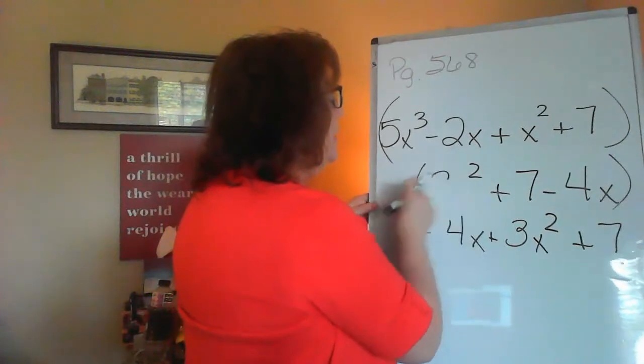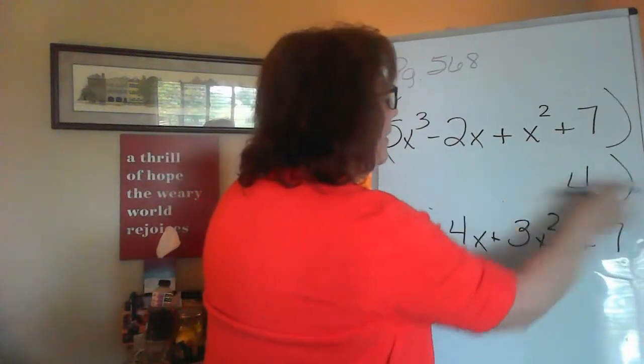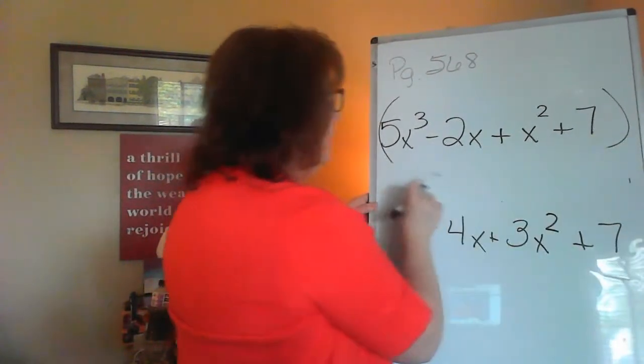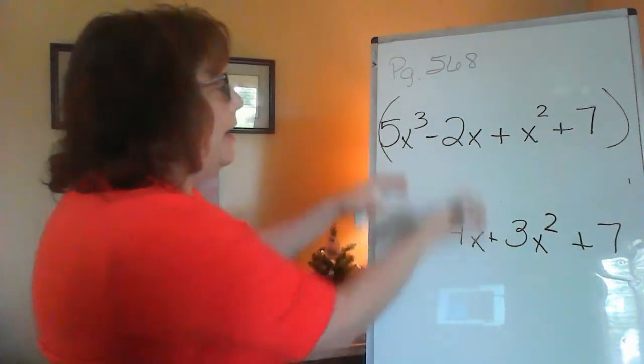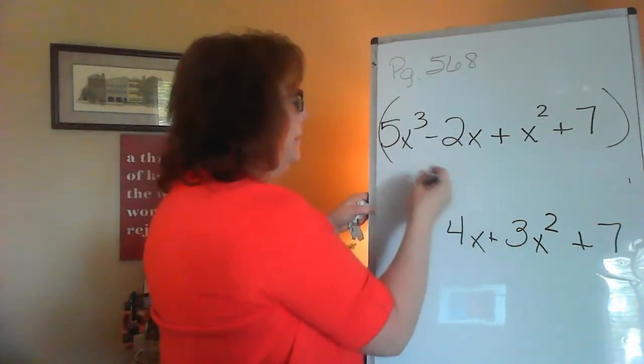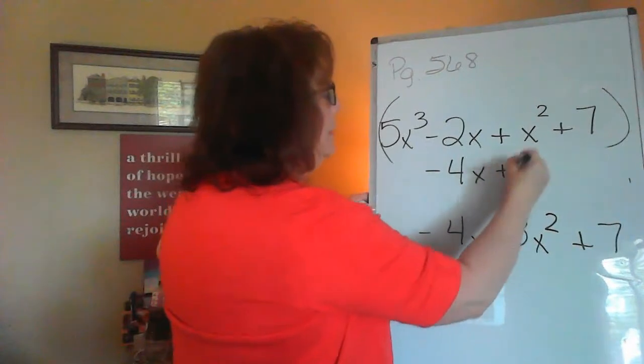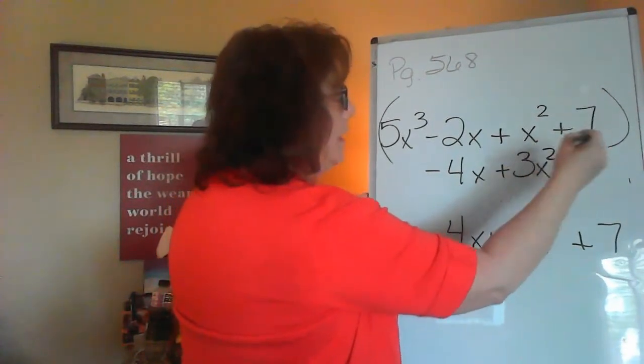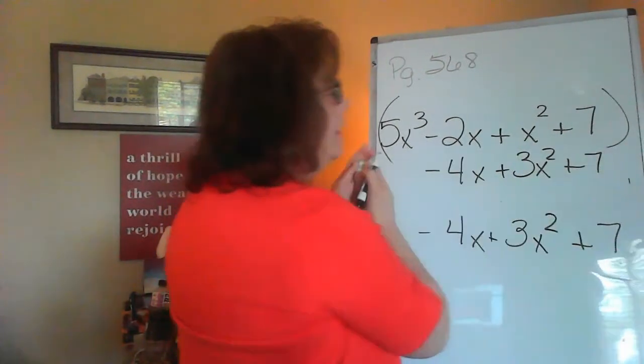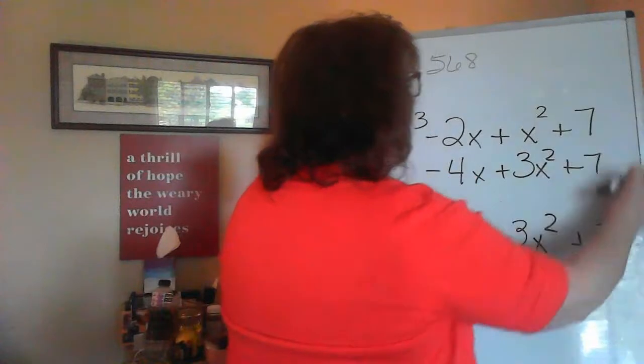The reason that I'm doing that is because I want to line everything up. So now I'm just going to move these up here. I'm going to have the negative 4x, the plus 3x squared, and the plus 7. And I don't really need those parentheses anymore.